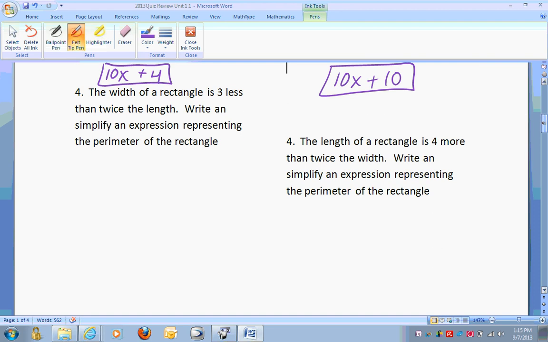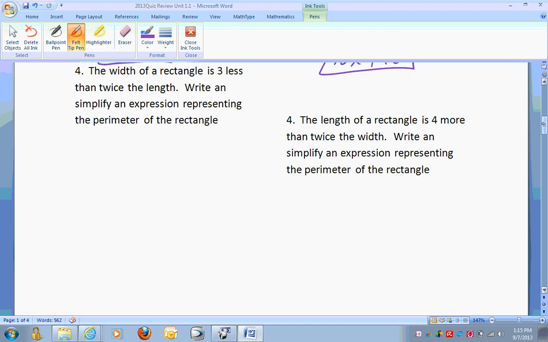Okay, moving on to number 4. It says the width of a rectangle is 3 less than twice the length. Write and simplify an expression representing the perimeter of the rectangle. So I'm going to draw my rectangle. I label the length, and it tells me that the width of the rectangle is 3 less than twice the length.